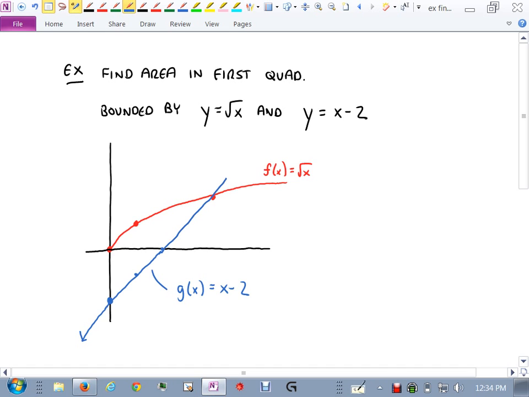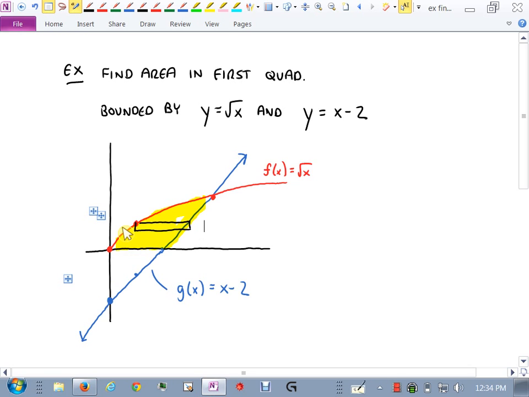Because if we turn our heads and we look at this area, then you have an upper function, a top function, and that's always the blue one. And the one on the bottom is always the red one. Do you see it? If I draw my rectangle in here, you can see that the blue will always be on the top and the red will always be on the bottom.